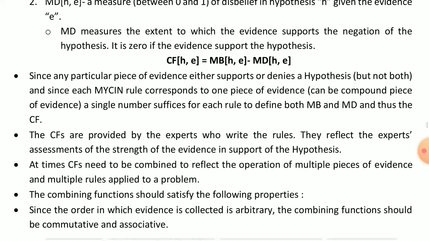Since any particular piece of evidence either supports or banishes a hypothesis but not both, and since each Mycin rule corresponds to one piece of evidence, here we can find out the evidence, and if the evidence supports the hypothesis, then we can say that Mycin rule is satisfied.